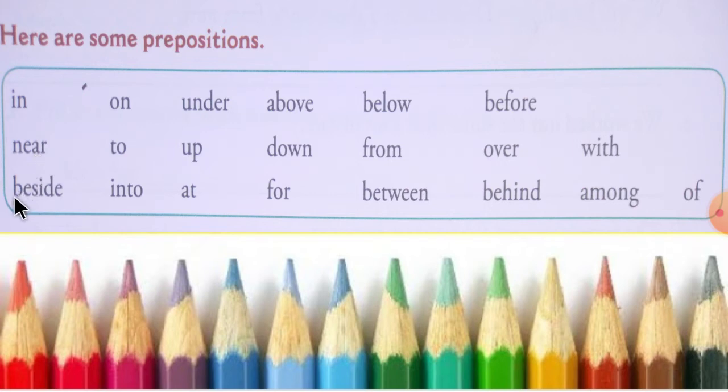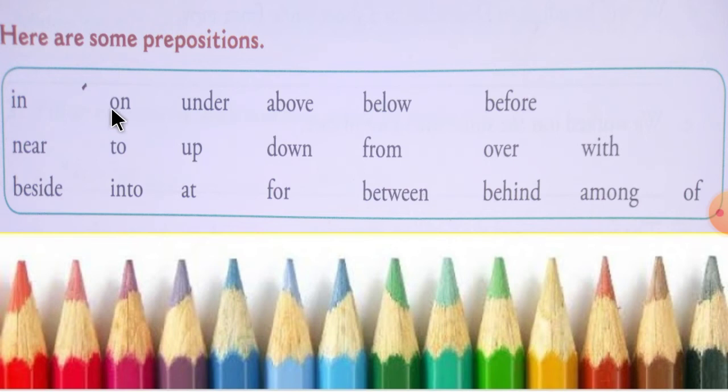Then number 3: B, E, S, I, D, E, beside. In, near, beside.